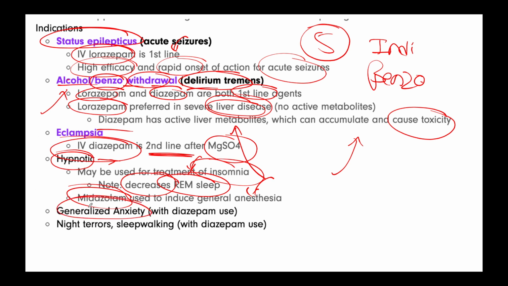Benzodiazepines are also used for generalized anxiety disorder, night terror, sleepwalking. For sleepwalking, diazepam use is there. So that is what you need to remember. Everything, anything about sedatives and hypnotics.